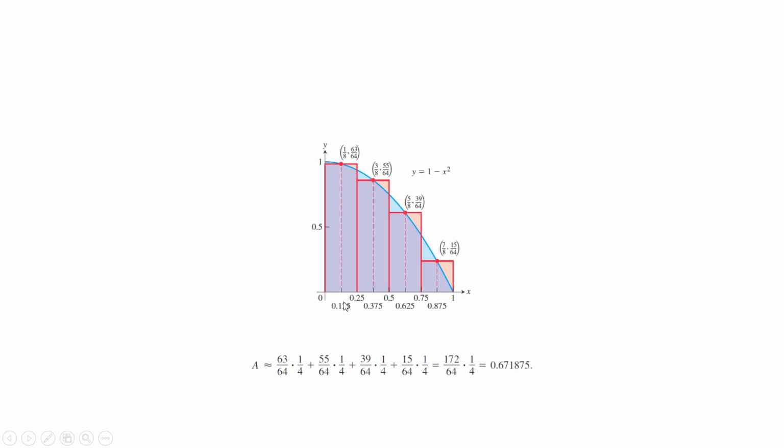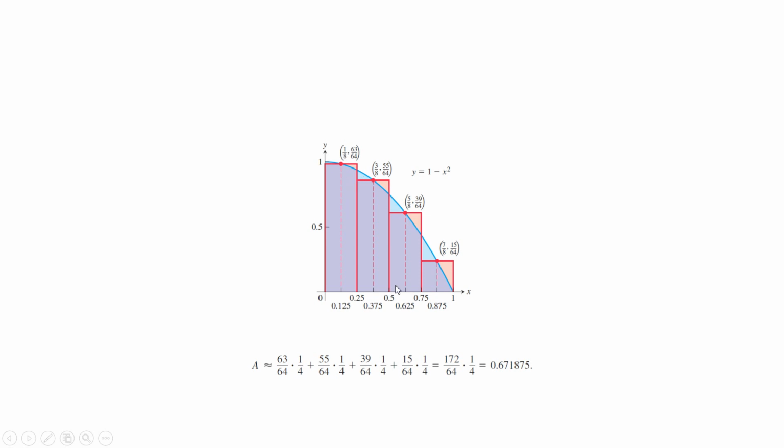Now the height of the curve at this point is 63 over 64, and we draw a rectangle of this height. So this shows we can choose any point in the interval, or any height of the function in the interval, to make the rectangle, right? So this is the midpoint.